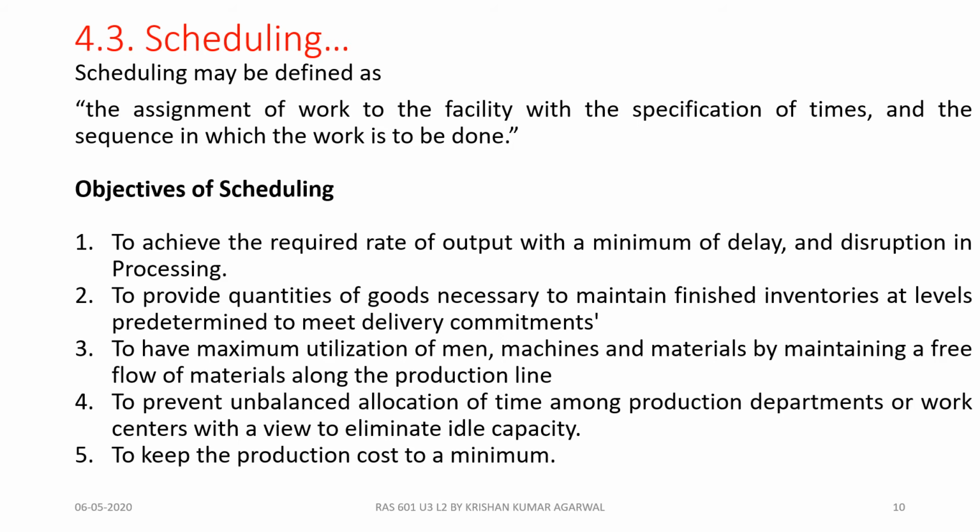Another objective of scheduling is to provide the quantities of goods necessary to maintain finished inventory at a predefined level to meet delivery commitments. Another objective is to prevent unbalanced allocation of time among production departments or work centers, with a view to eliminate idle capacity.